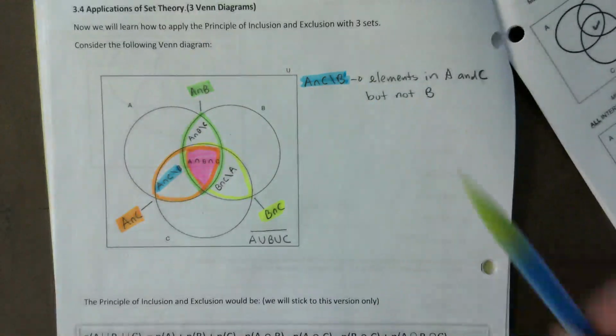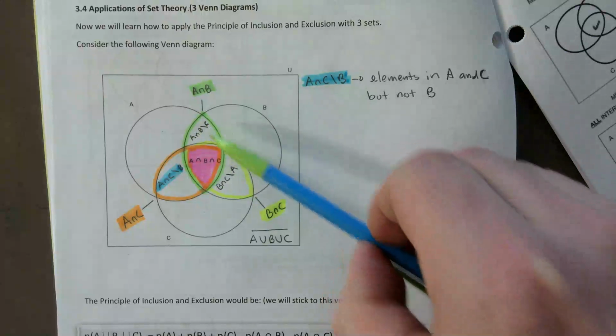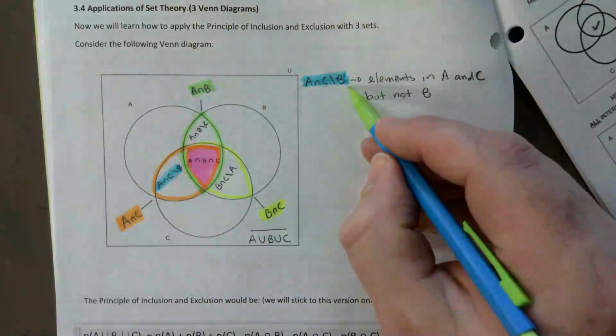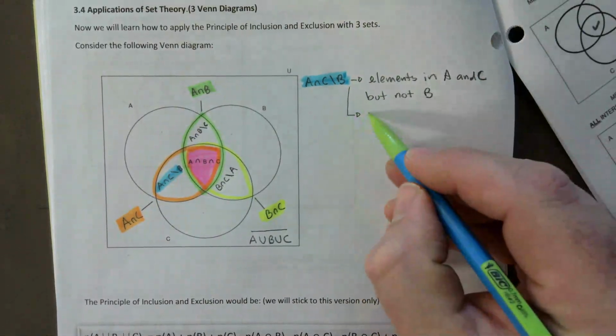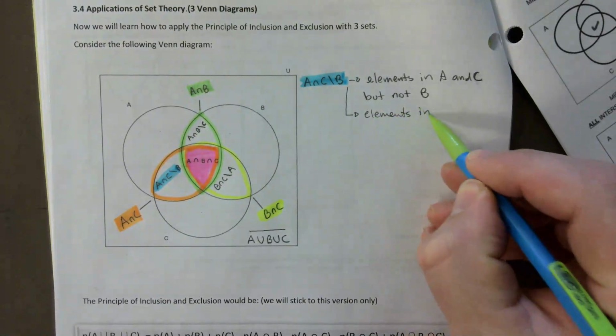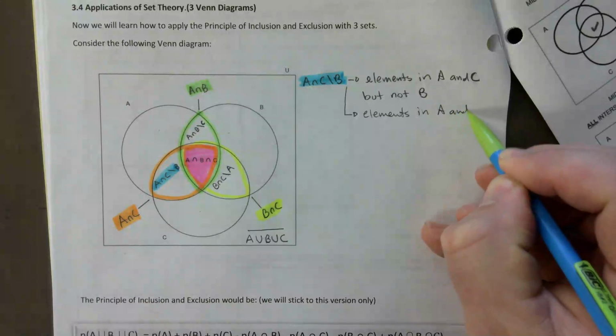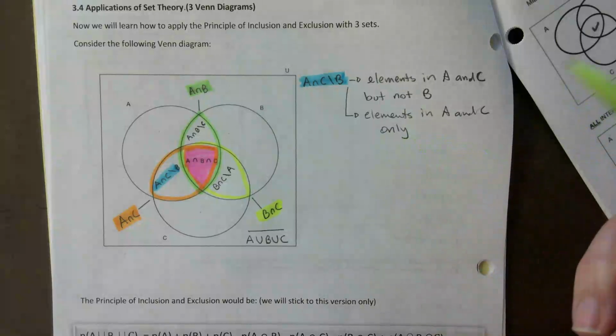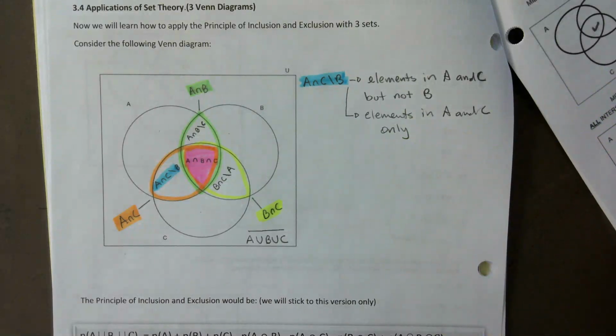And so you can kind of just use this reasoning to refer to these sections right there. It can also mean elements in A and C, and here's that other one, only. It's very similar to the two-set notation. It's just a little bit more going on.